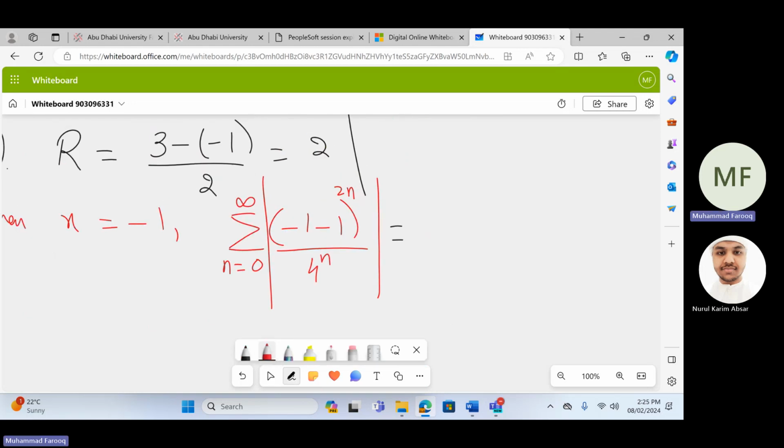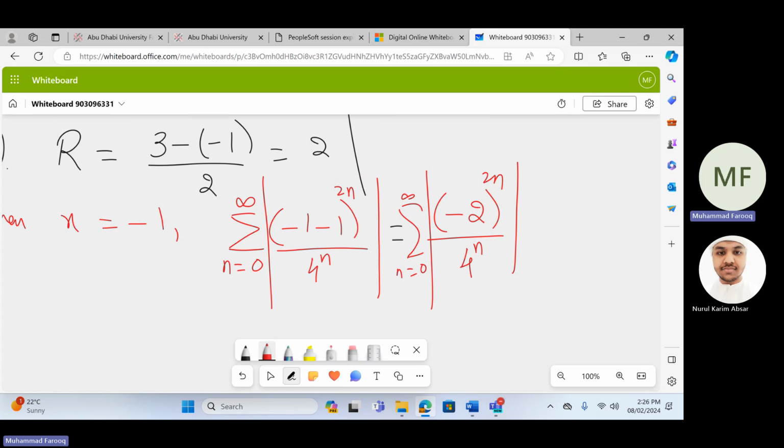Okay, -1 is how much? -1 to the power 2, divided by 4 to the power n, with absolute value, the sum from n equals 0 to infinity. I think you can see here, this negative has power how much?